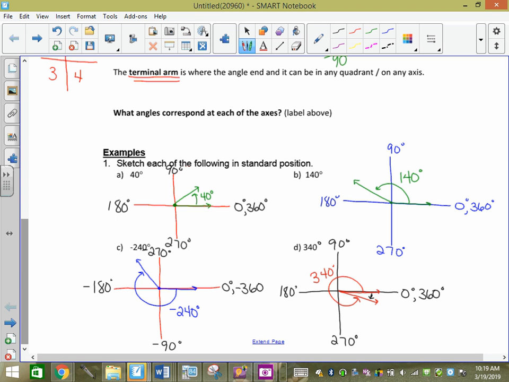Is that the same as what I wanted? No. So I have to arrow around. However, negative 20 gets me the same terminal arm as 340, doesn't it? So negative 20 and 340 actually terminate on the same arm, which is something that's important to us later. Well, soon.